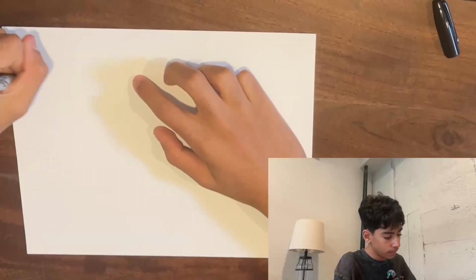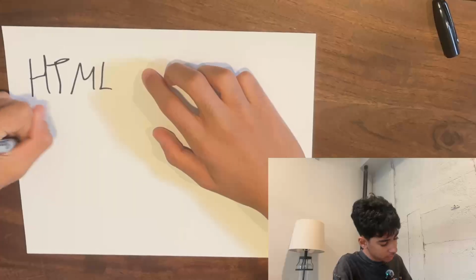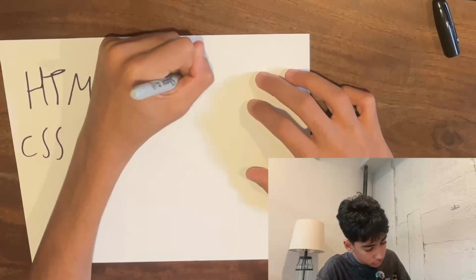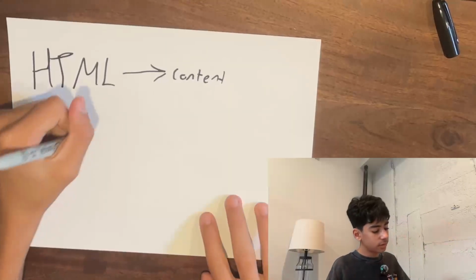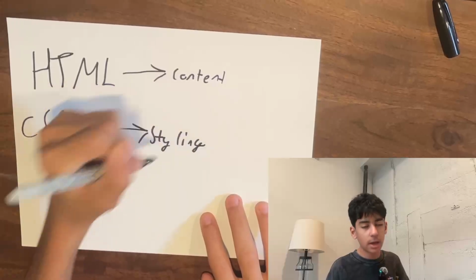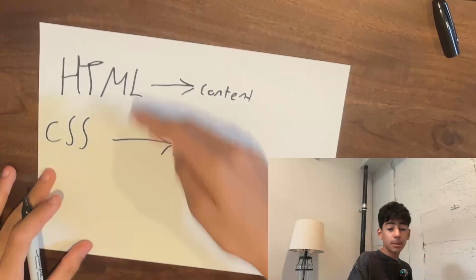And those include HTML and CSS. HTML is the content, so that involves all the headings, subtitles, all that stuff. Meanwhile, the CSS is the styling, so colors, backgrounds, spacing, all that stuff. The CSS is the plating that makes the food look good.